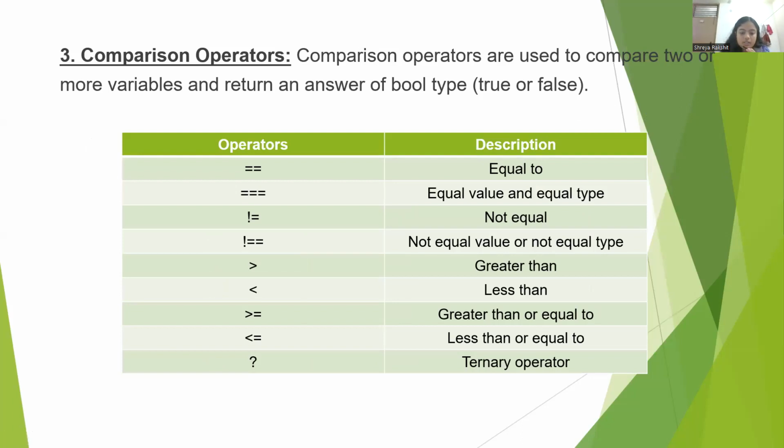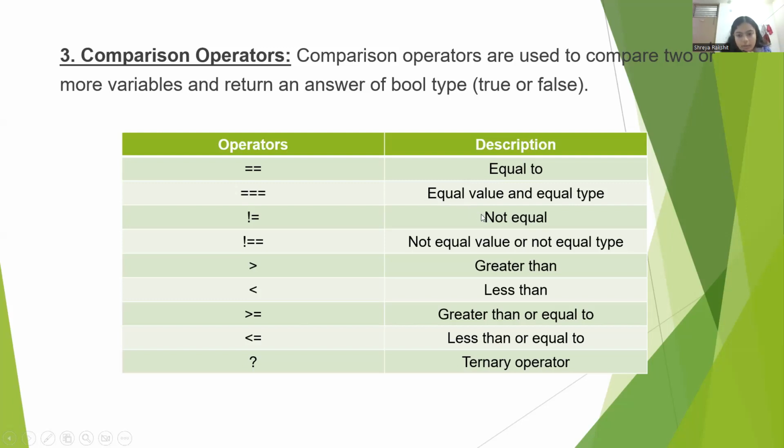Comparison operators basically compare the values on the right hand side and the left hand side, and return a boolean type answer, either true or false. The first one is equal to, then equal value and equal type.